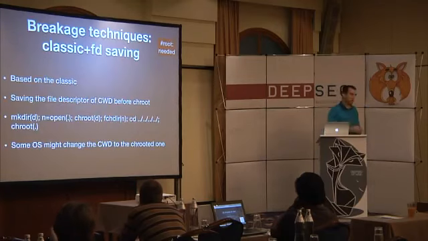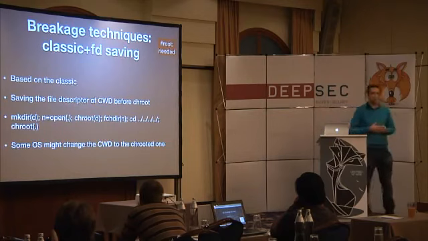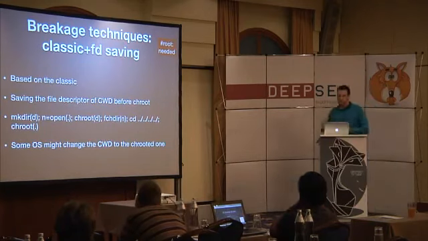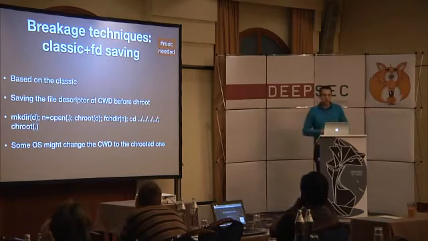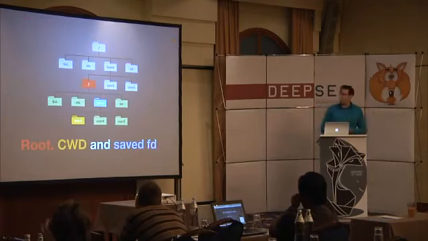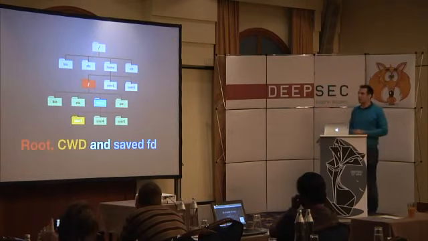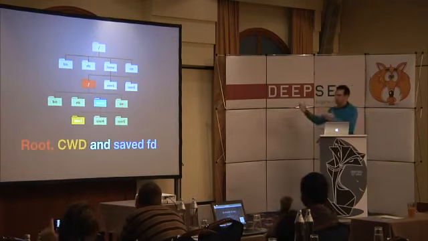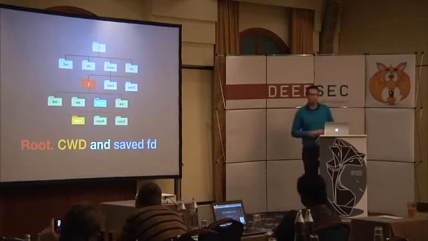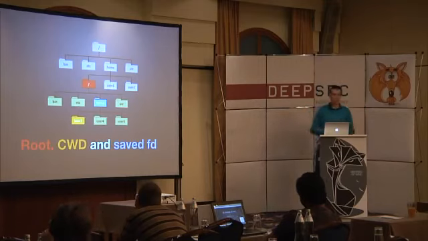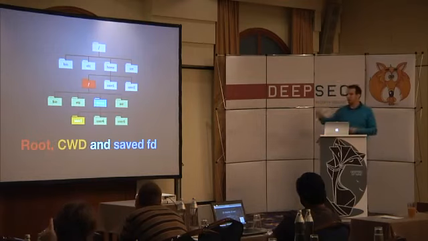The second technique is based on the first technique, the classic technique, but with a little bit of a trick, because we are saving a file descriptor here. So this is the full file system. Again, the red one is the root of the process, which is chroot in that directory. The current working directory now is the user3 directory, and we will call the chroot system call on that directory in a minute.